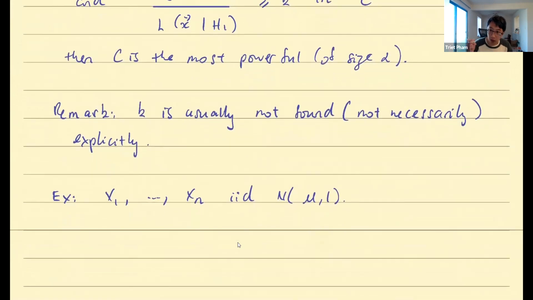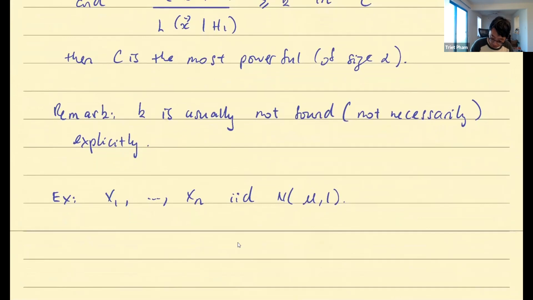I will do it abstractly. Let's say the null is mu equals mu naught. The alternative, mu equals mu1, with the assumption that mu1 is bigger than mu naught. All right, this is my setup.